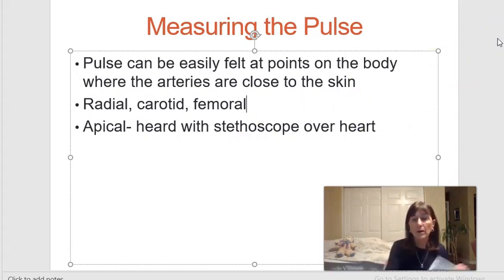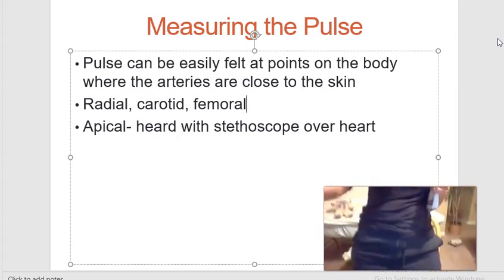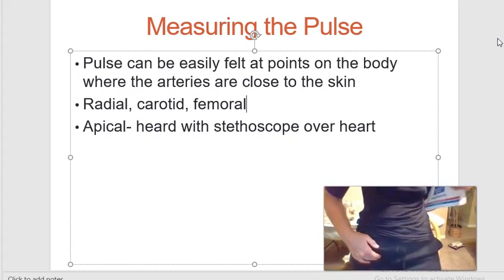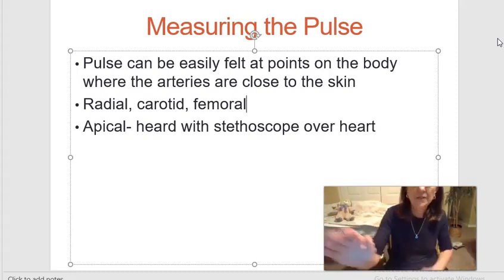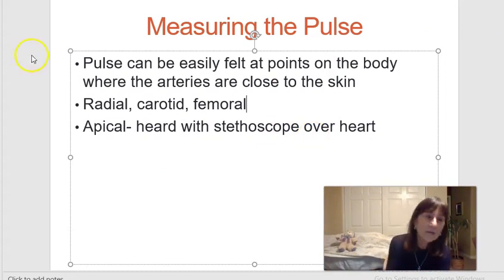The femoral pulse is in the groin area, and that's a nice strong pulse too. An apical pulse is when we listen with a stethoscope over the heart and we count what we hear. For this class, we're not going to do that.